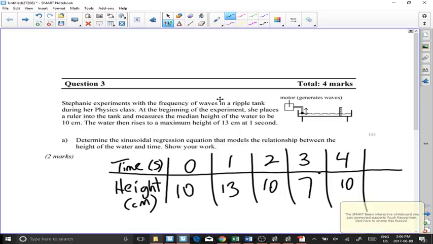So there's our table. There's your work. Now we can use that to go ahead and come up with the equation. Just type that into the graphing calculator and have it come out with the equation.